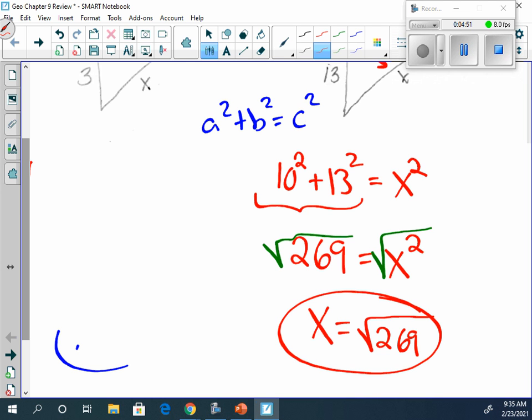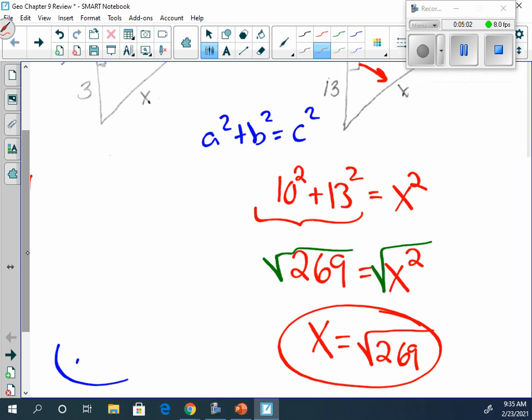And we can leave it as that. We don't have to turn it into its decimal approximation, which would be 16.40121947, and it's a non-repeating, non-terminating decimal. And that's all we have to do to solve for the missing side.